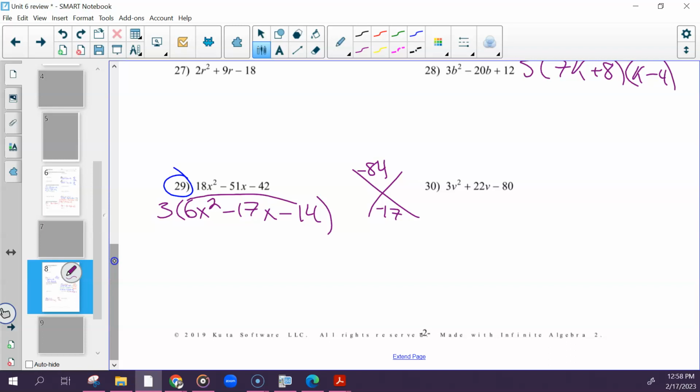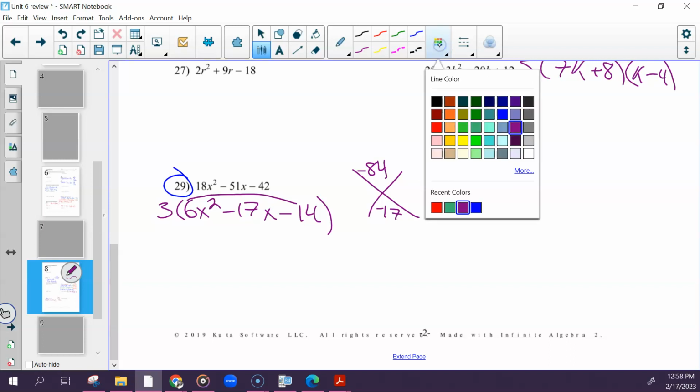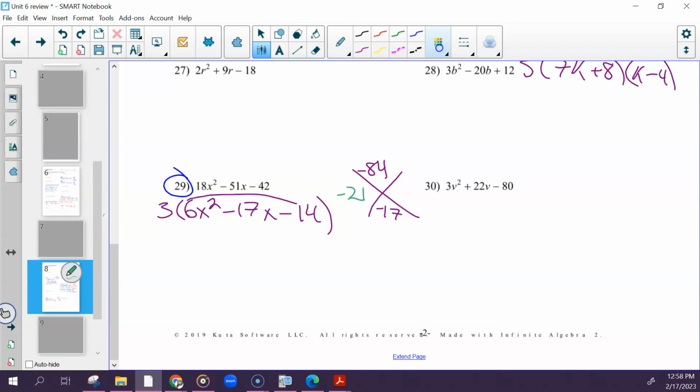So we know 6 and 14 are 20, but it's not 21 and 4. Negative 21 and positive 4 would definitely get us negative 17 and multiply to be negative 84. Rewrite. We'll do minus 21x plus 4x minus 14.